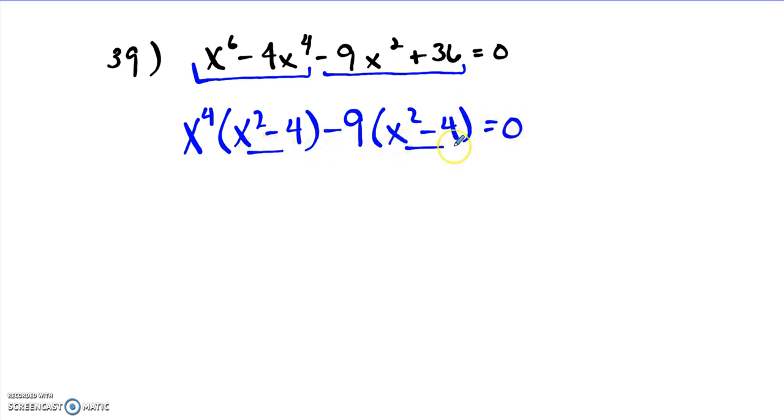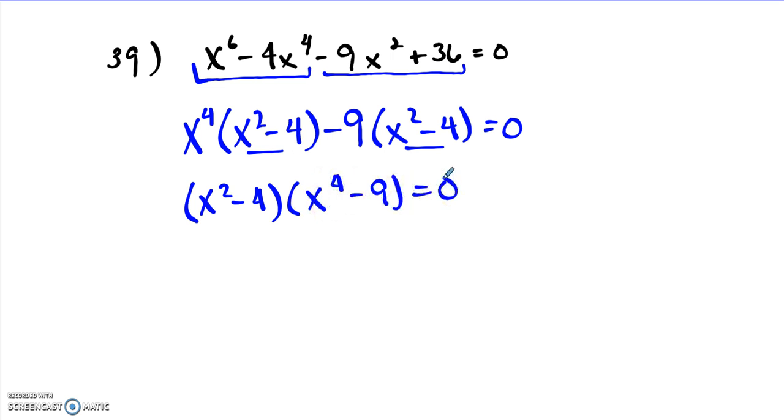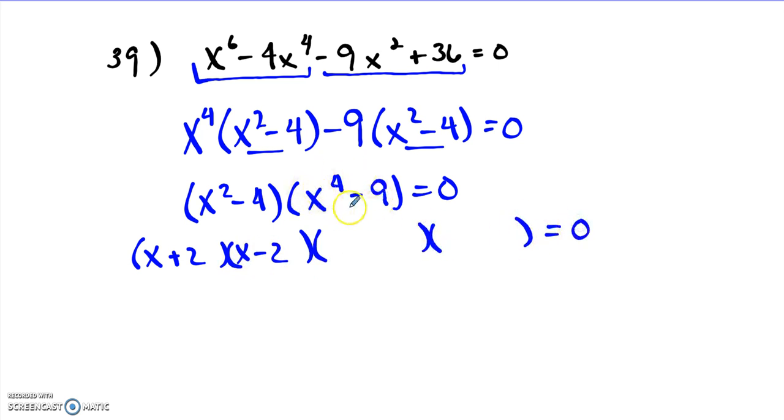And let's pull our similar factor out. So x squared minus 4. And then we have x to the 4th minus 9. All right, looks like I can factor. So x squared minus 4 is going to be x plus 2, x minus 2. And then x to the 4th minus 9 is one of those quadratic looking difference of 2 squares that we looked at.